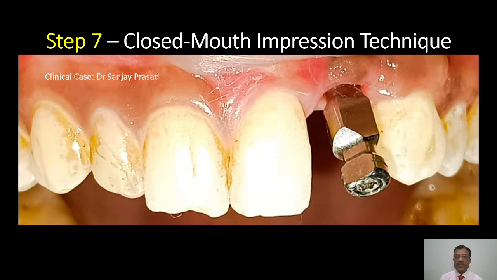In step 7, we place the impression coping over the implant to take a closed mouth impression. In this case, as it is a single implant, we don't go for an open tray technique.